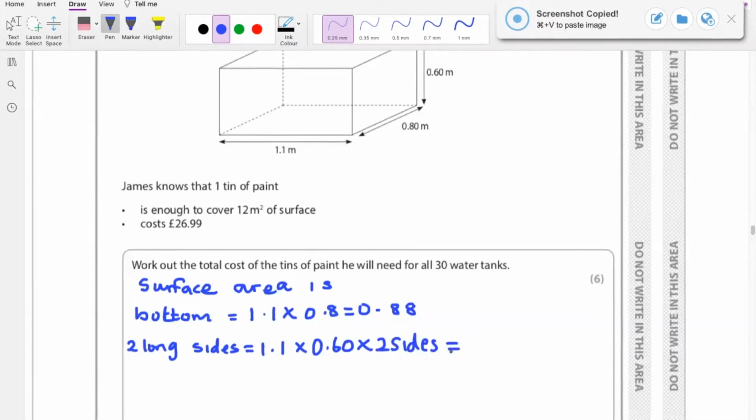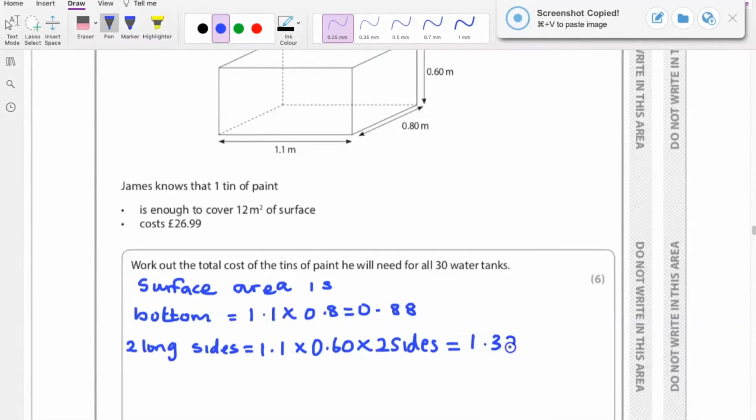If you put this into your calculator, we get 1.32.